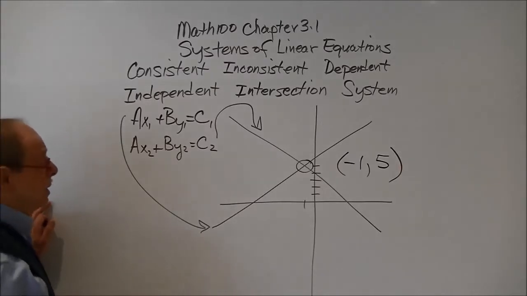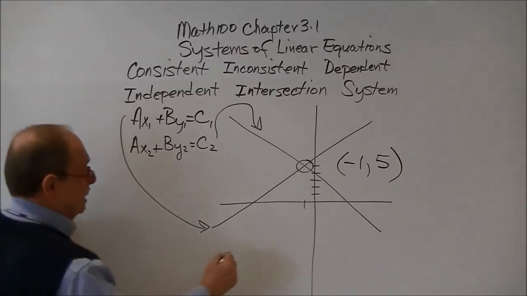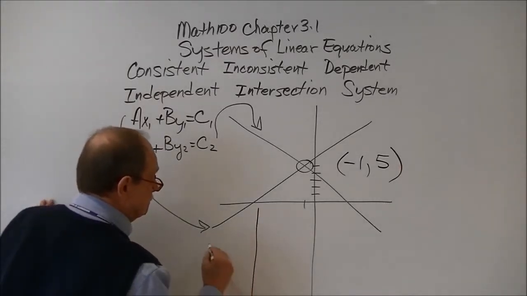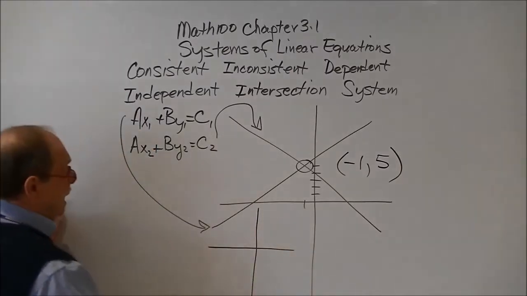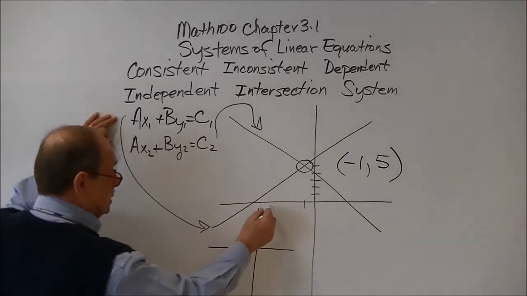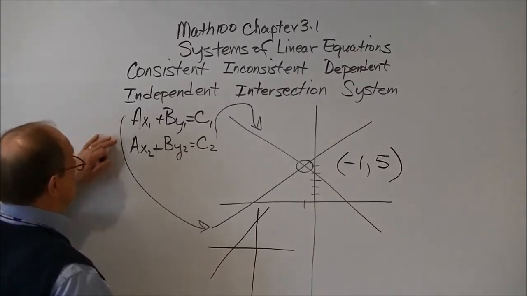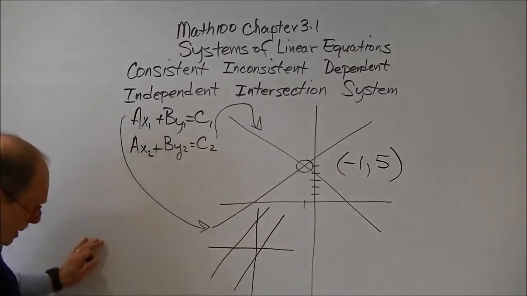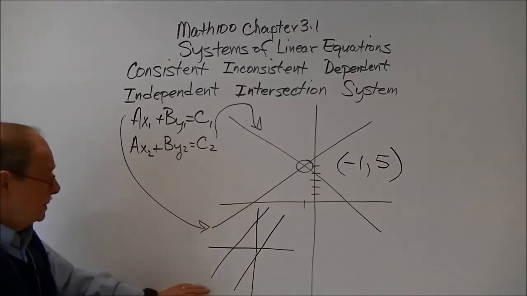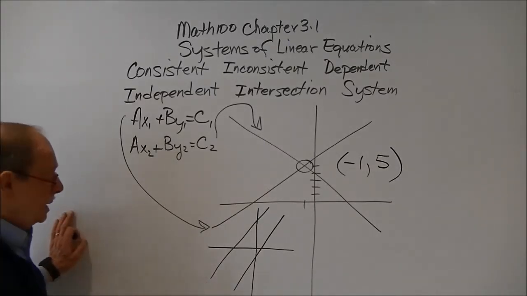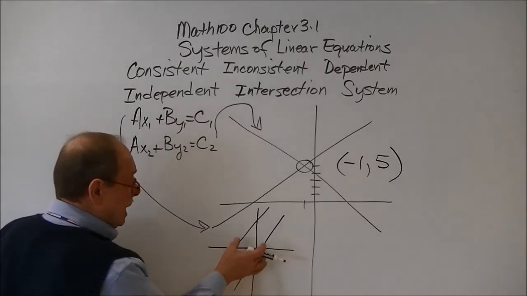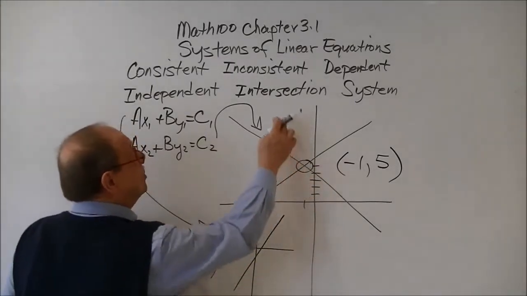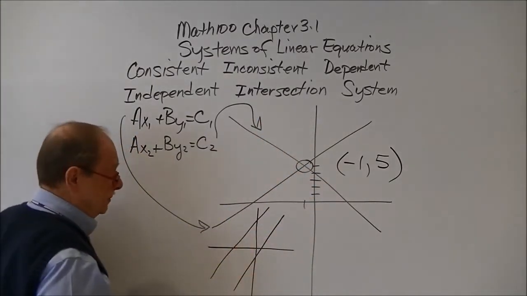Now, if we had another graph, and I'll just do it right here, and I graph, let's say, this first equation, and it looked like this, and the second equation, and it looked like that, we'd say, wait a minute, these lines are parallel, and will they ever form a common point of intersection?